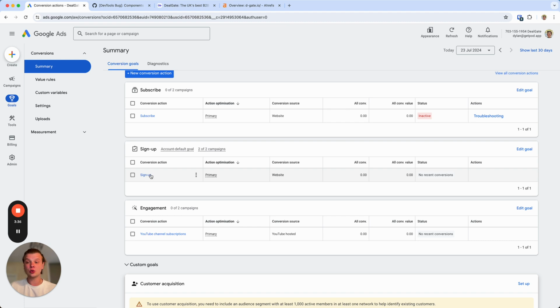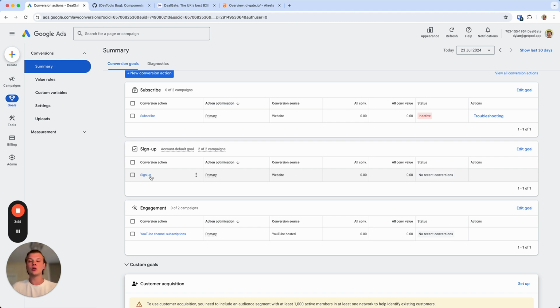This is easy to achieve, but I would still consider it a high intent conversion event. And this is the money, okay? You want to get as close to the money as possible, which is in my case the subscribe event, while maintaining a minimum of 30 conversion events per month.